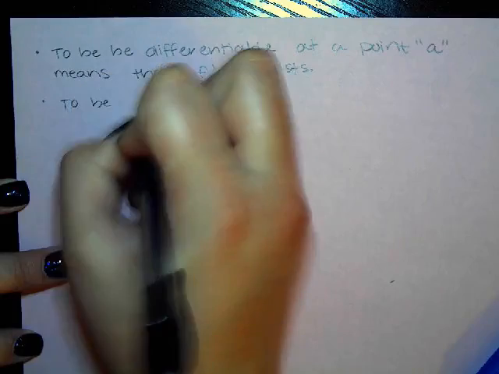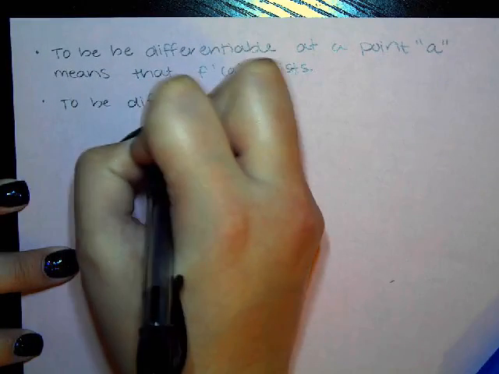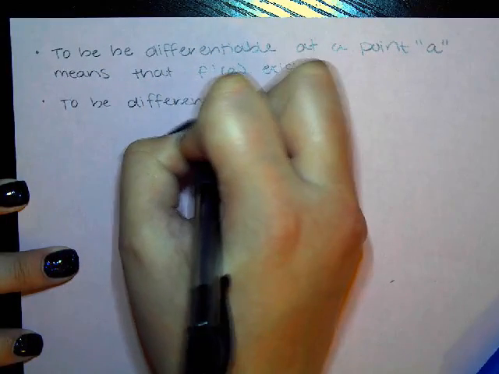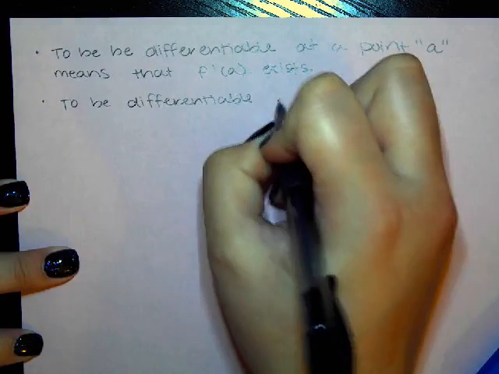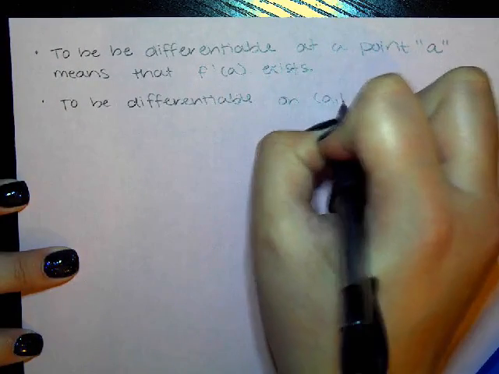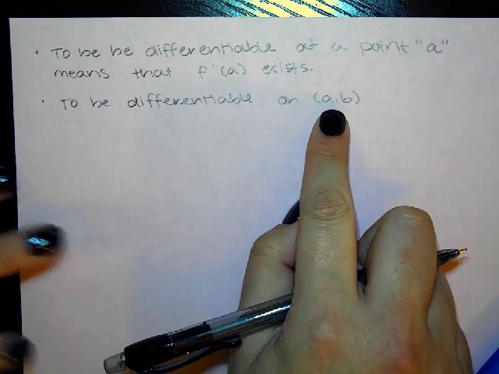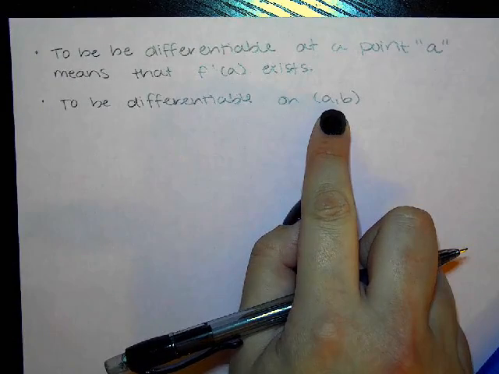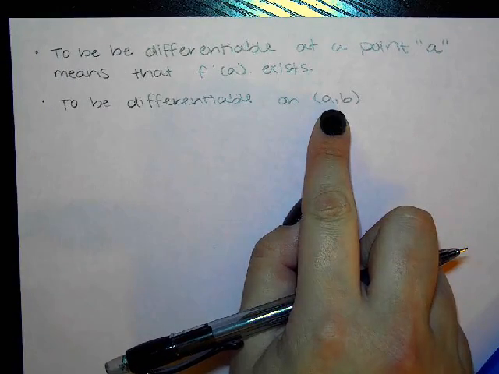To be differentiable on (a, b), so this is the open interval (a, b), so I'm using parentheses, that means I'm not including the endpoints.